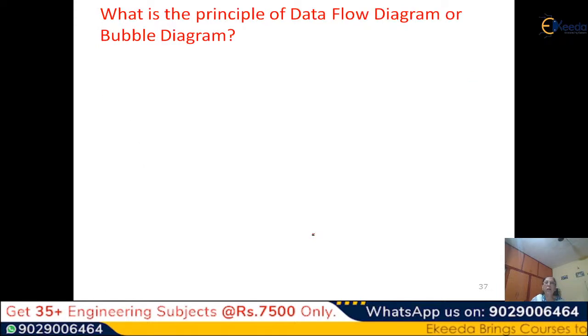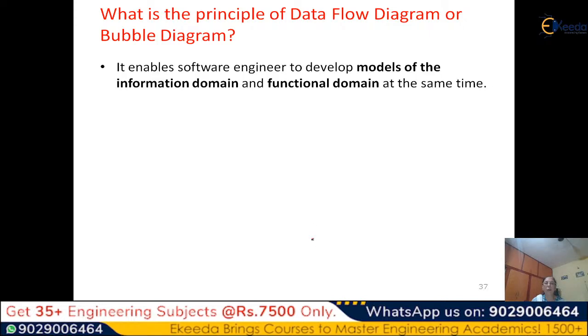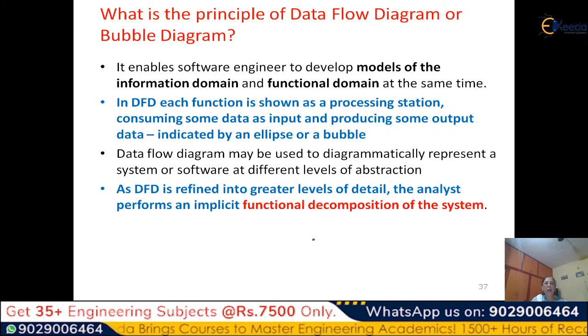What is the principle of the data flow diagram? Sometimes it is also called the bubble diagram. Some people will ask you a question as a bubble diagram instead of a data flow diagram, but data flow diagram is the more standard nomenclature. The principle is that it enables the engineer to develop the model of the information domain and the function domain together.